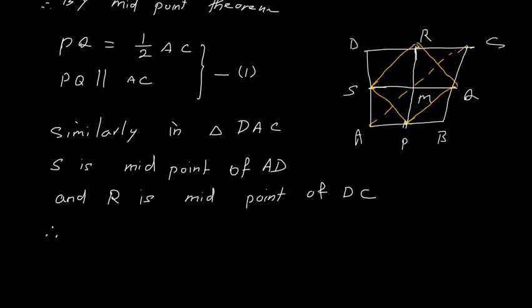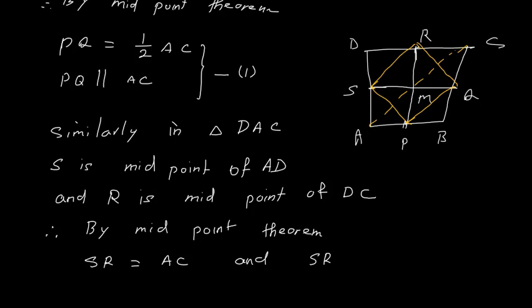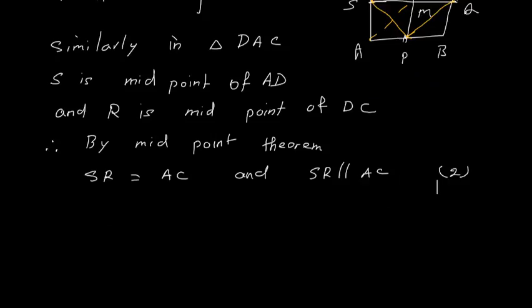So therefore, by midpoint theorem, SR is equal to half of AC and SR is parallel to AC. This is our equation 2.